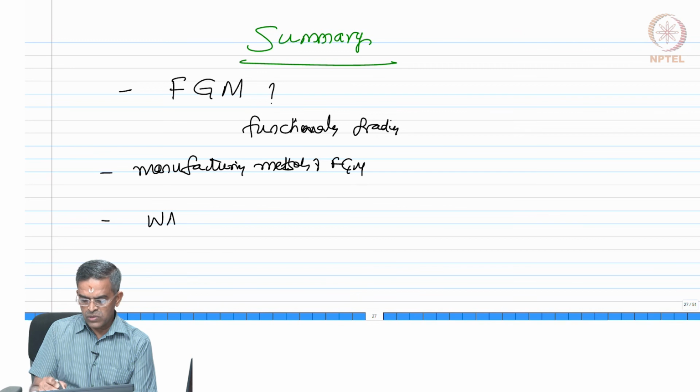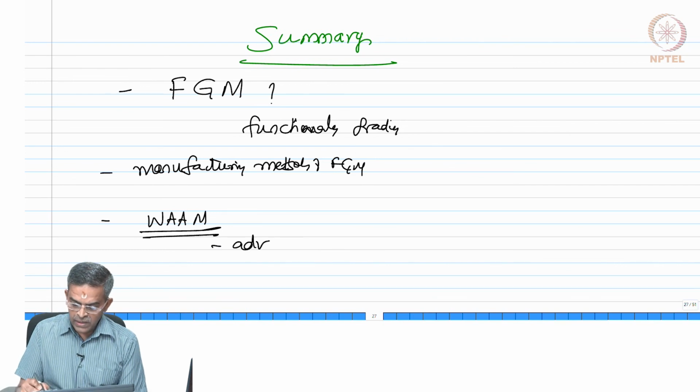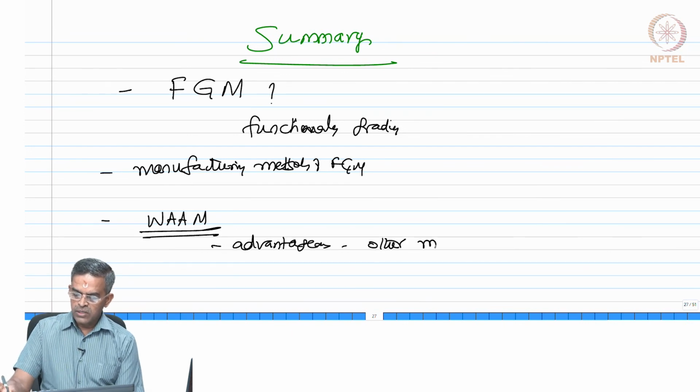In that we also saw what is wire arc additive manufacturing, how this method is advantageous in comparison to other methods used to manufacture FGM, correct.